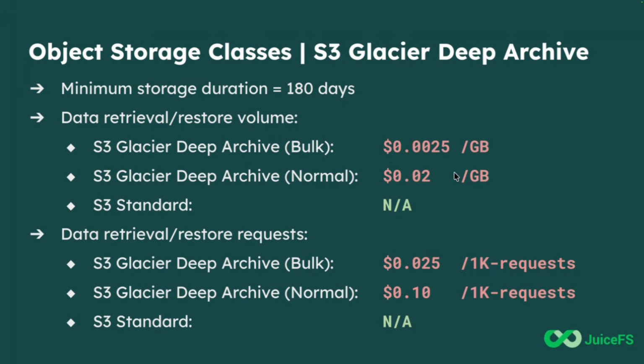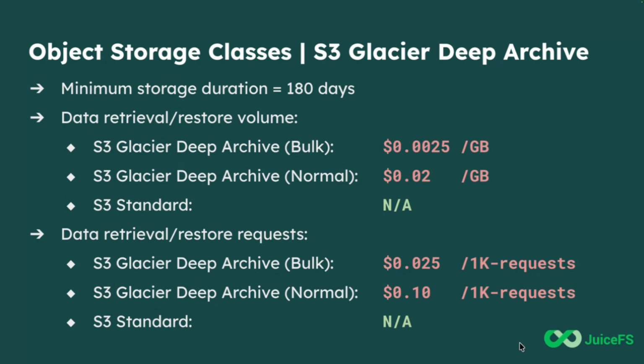If we do a normal restore, it's more expensive. Similarly, we get charged by how many requests we make to retrieve or restore the data. So say we use the normal restore. That's a dime, 10 cents per 1,000 requests.